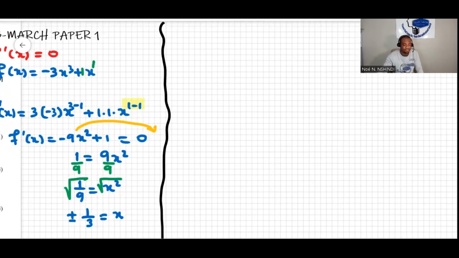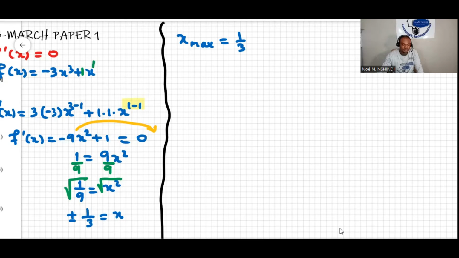Now let's work out the maximum. If x max is equal to 1 over 3, for instance, then we can find the corresponding y value.